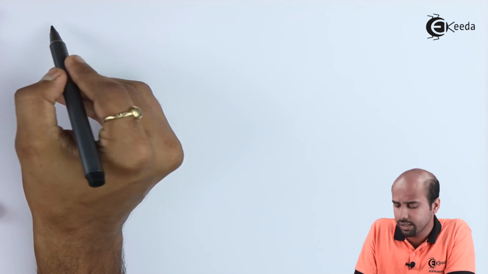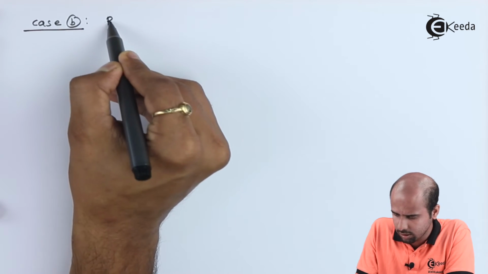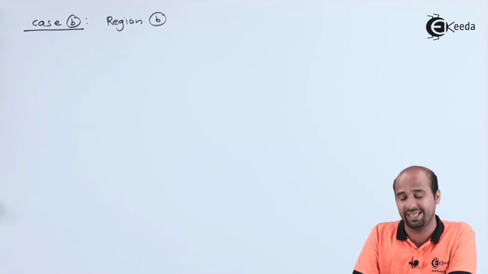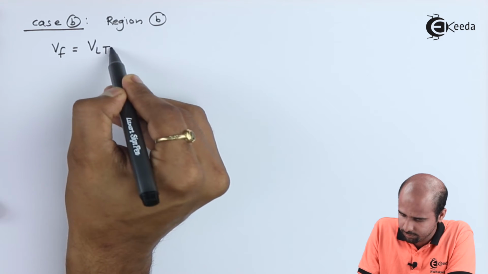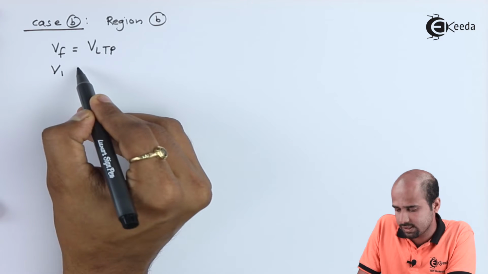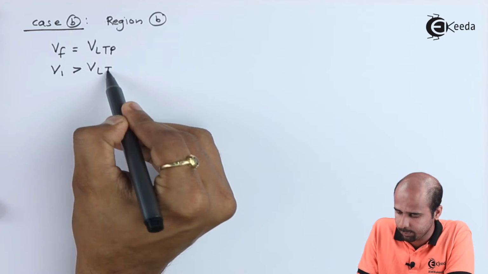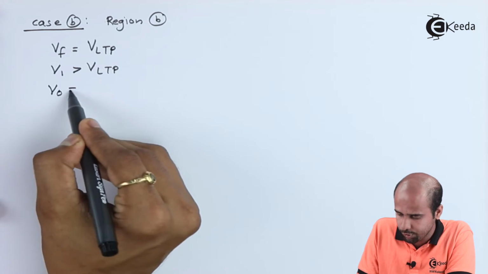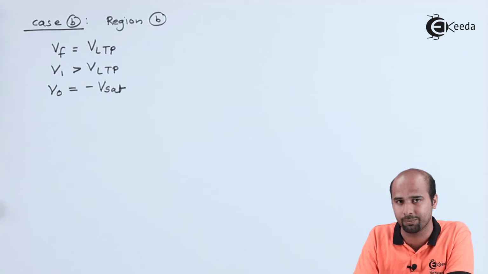We will consider case B, which is nothing but region B. In this region, your value Vf is equal to VLTP. V1 is always greater than the value of VLTP. And that is why VO is equal to minus Vsat, constant as in the previous one. Now we will come to point B.